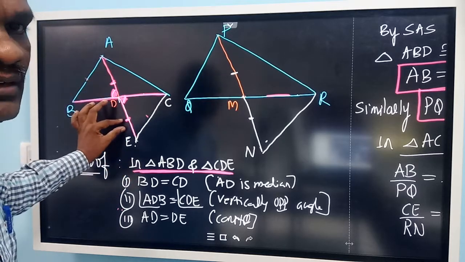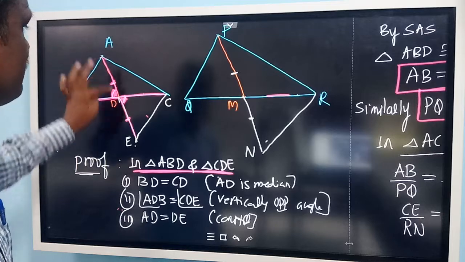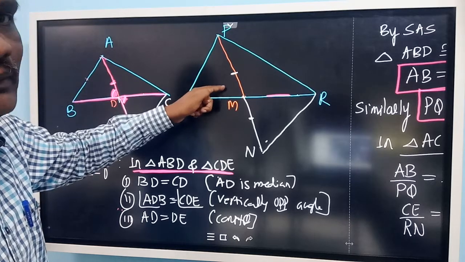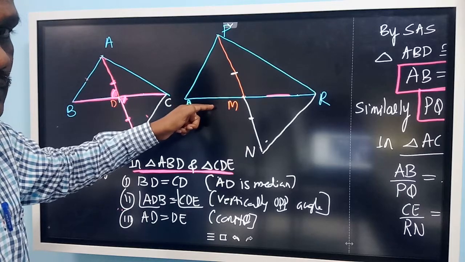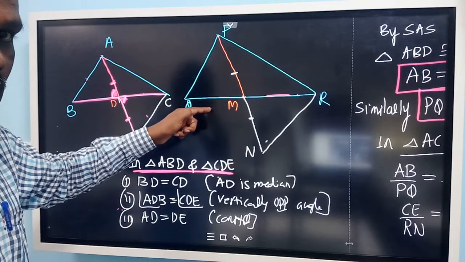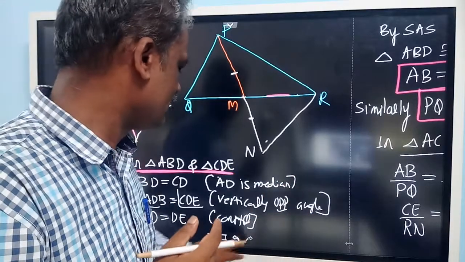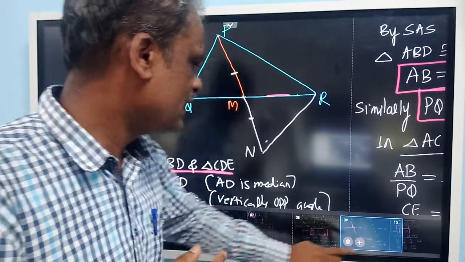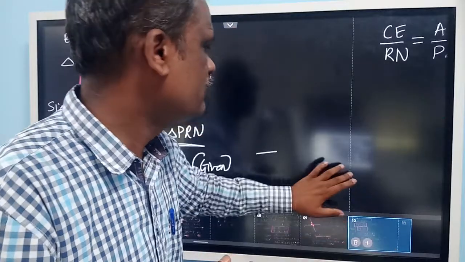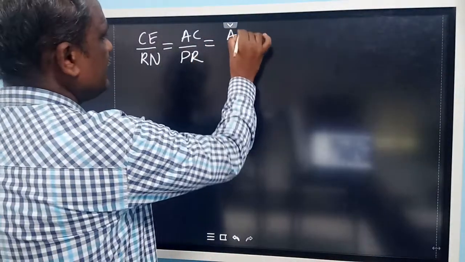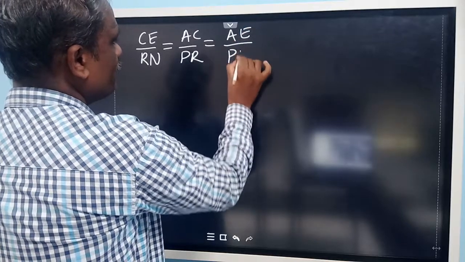AD and DE are equal. So therefore 2 times AD is nothing but AE, and 2 times PM is nothing but PN. So we can write AE by PN.